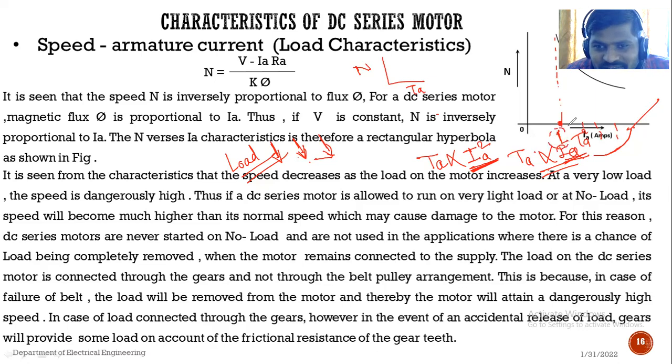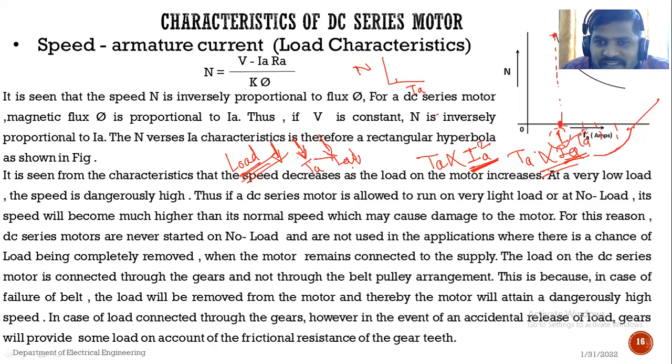At armature current 1, the load is minimum, torque is minimum, so armature current is minimum. According to the previous relation, when torque was low, what was the speed? In the previous characteristics, speed is maximum. Similarly, now torque is low, that means armature current is low, so speed is again maximum. So at a minimum value of armature current, the speed of the motor is maximum.